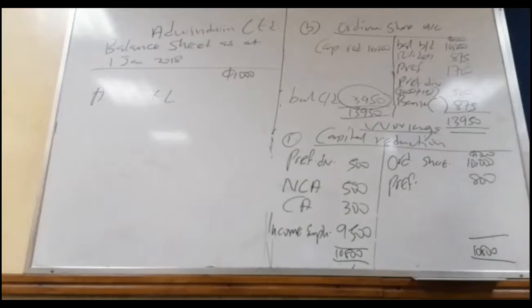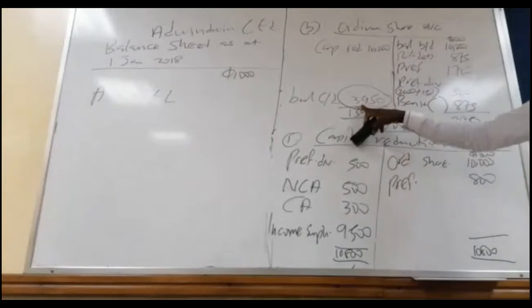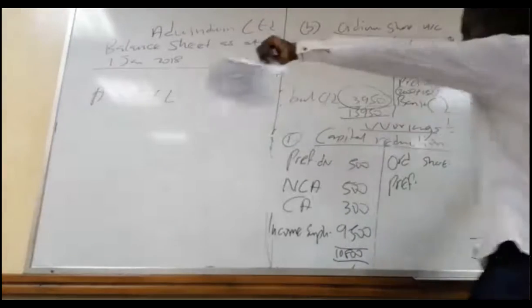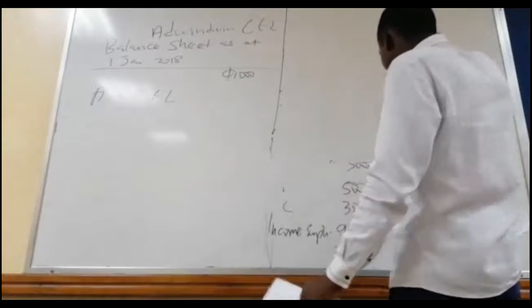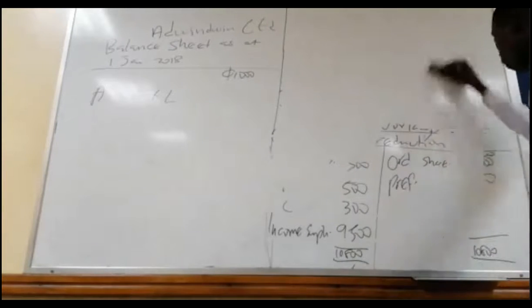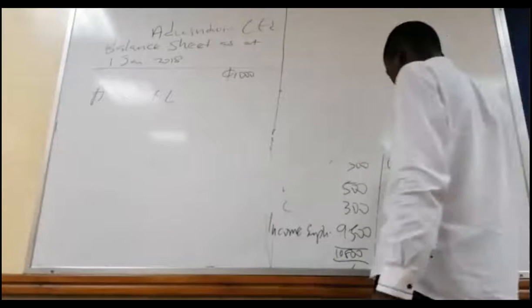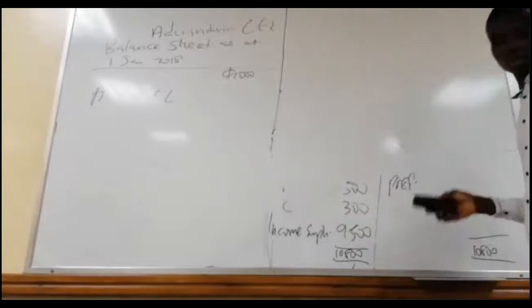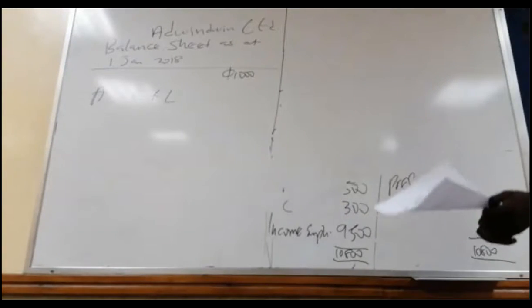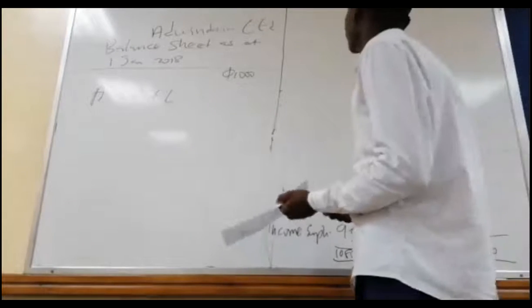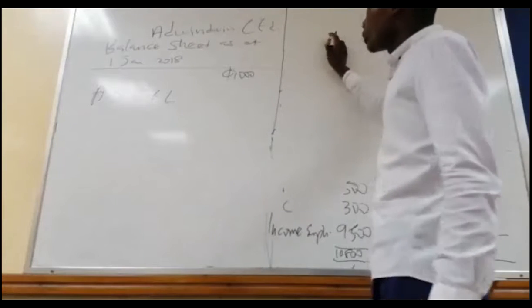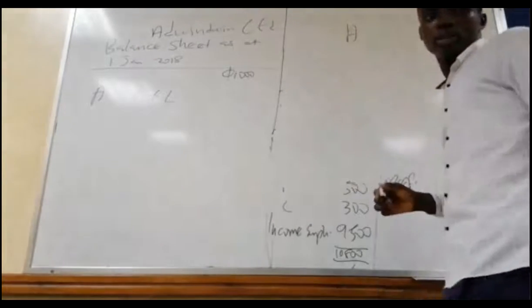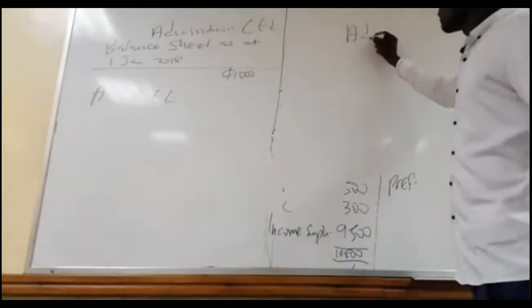So that is it. Now let's get the financial position. So I'll pick the capital balance of 3,950. So I'll do it here. First, Argentine Limited, the name of the company, Argentine Limited.